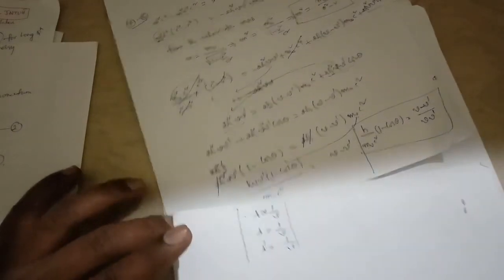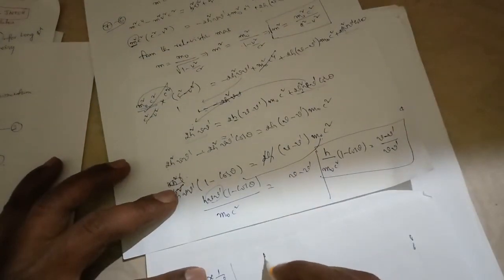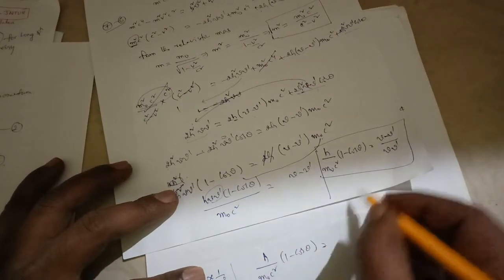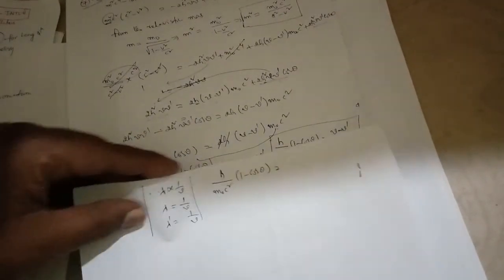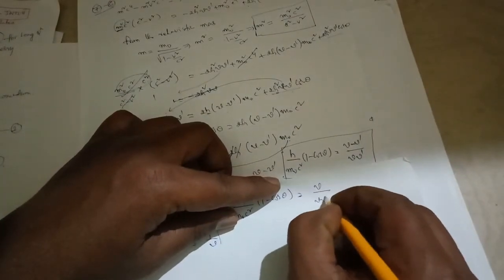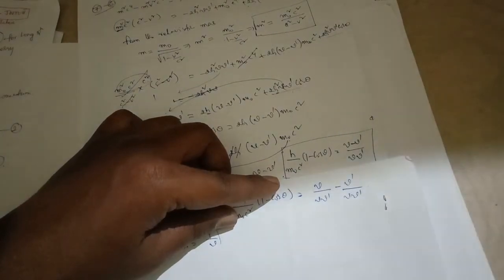So next, if we go through this, h by m naught c square into 1 minus cos theta equals, this we have to write separately here. We will get mu by mu dash minus mu dash by mu dash.